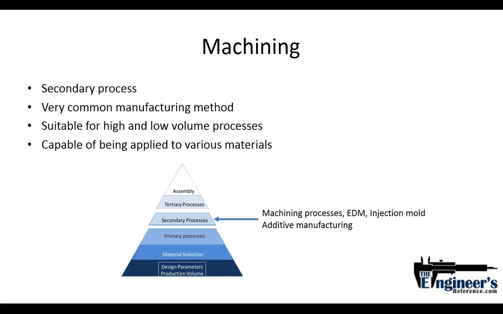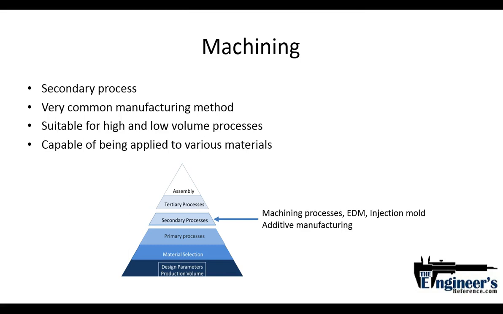So you've seen this pyramid before. If we look at where machining lands in the pyramid of manufacturing, design, and assembly process, it falls as a secondary process, which means that the primary geometries have already been selected. And now you're finishing up those geometries and sending it off as a more finished component to be assembled.